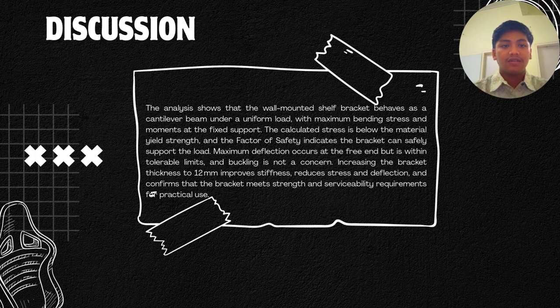Maximum deflection occurs at the free end but is within tolerable limits, and buckling is not a concern. Increasing the bracket thickness to 12 mm improves stiffness, reduces stress and deflection, and confirms that the bracket meets strength and serviceability requirements for practical use.